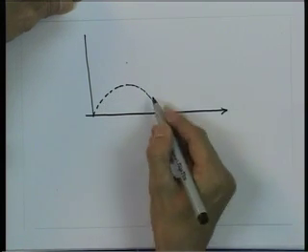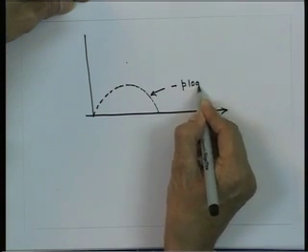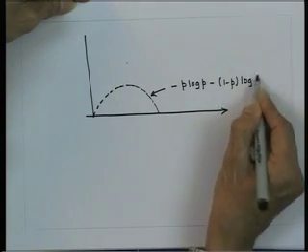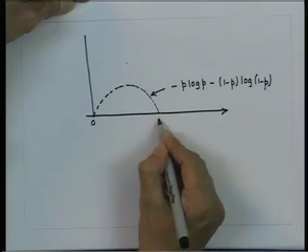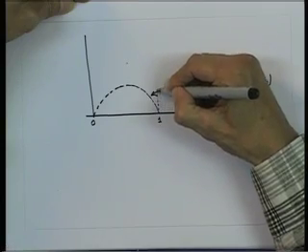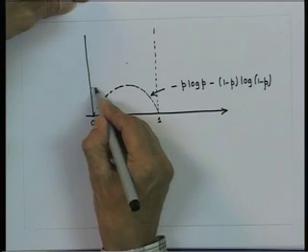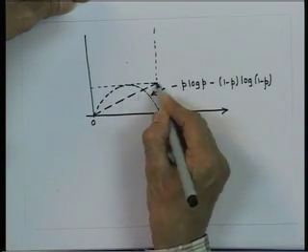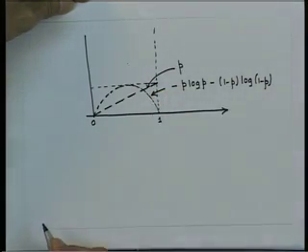This would be the result for my entropy function, and that is nothing but minus p log p minus 1 minus p log 1 minus p. These values will range from 0 to 1, and this will be my p.